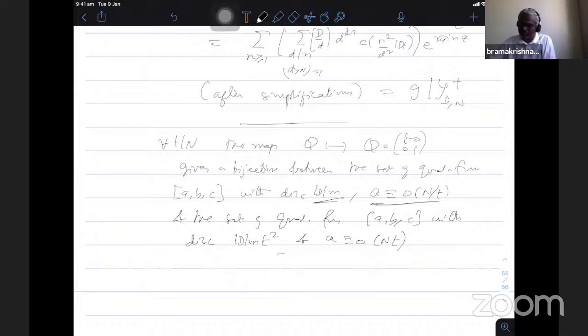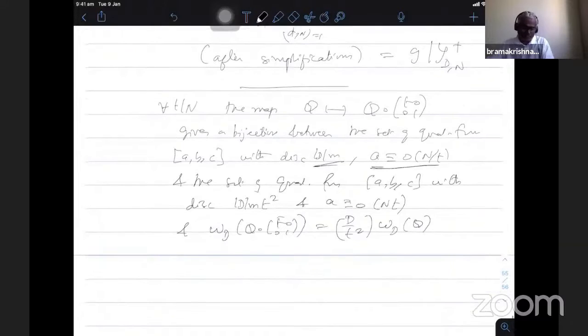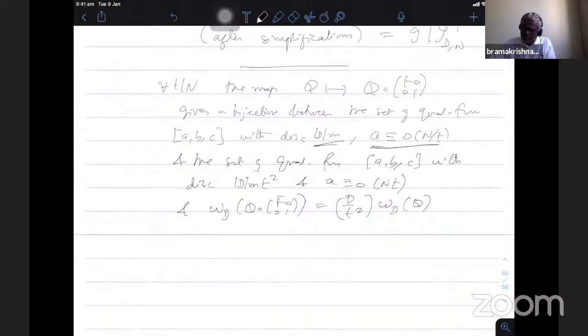So this particular transformation for every t dividing n gives a bijection between these two sets of quadratic forms. Also, there is a genus character for each quadratic form. So when I do this transformation, I have to consider omega d of q applied to this (t,0,0,1). This is nothing but d by t square omega d of q. Therefore, the definition doesn't change under this change of variable. This character value is 1. Note that d is relatively prime to n and t is dividing n. Therefore, this symbol makes sense, non-zero.